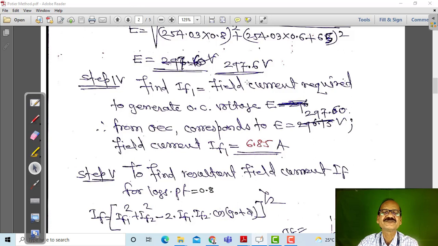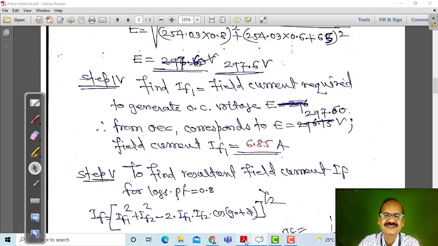Now step 3, corresponding to this 297 volt, how much field current is required? IF1 is the field current required to generate open circuit voltage equal to E, that is 297.6 volt. From OCC we can obtain the field current IF1.